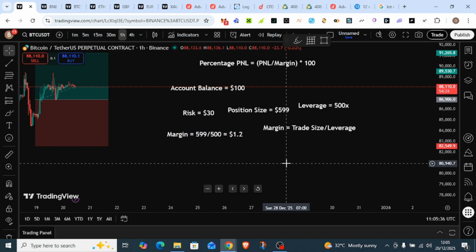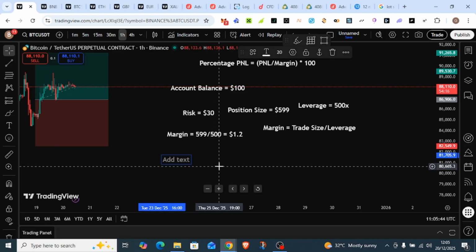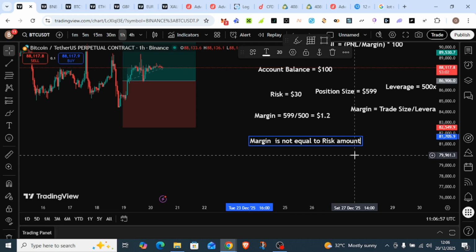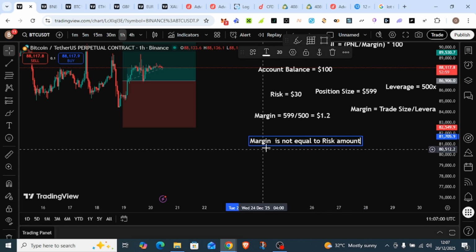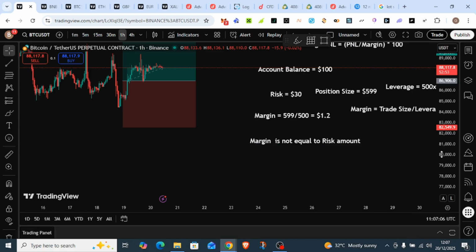Having said that, note that margin is not equal to risk amount. Margin can be greater or smaller than the risk amount.